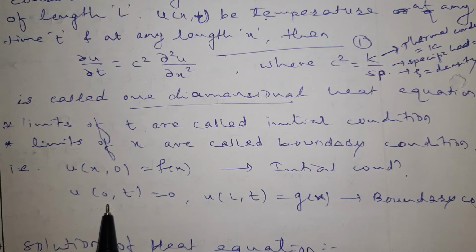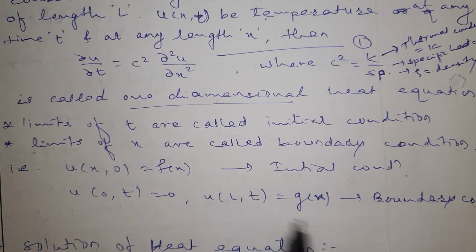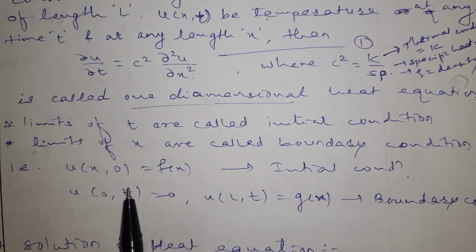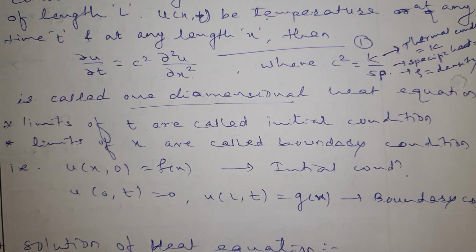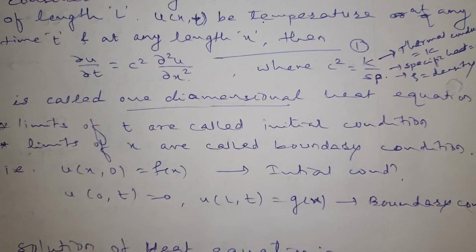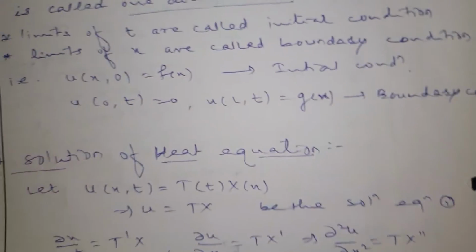At x = 0, u = 0. Here at x = L, u = g(x). So we write it this way: the condition for t we call the initial condition, and the condition for x we call the boundary conditions. Understood? Now let us solve the heat equation.